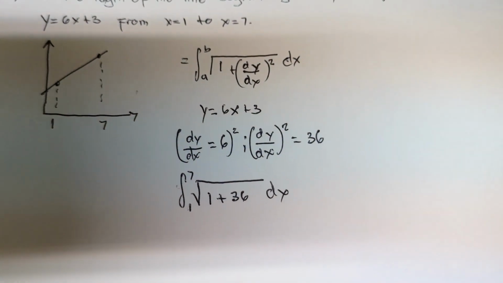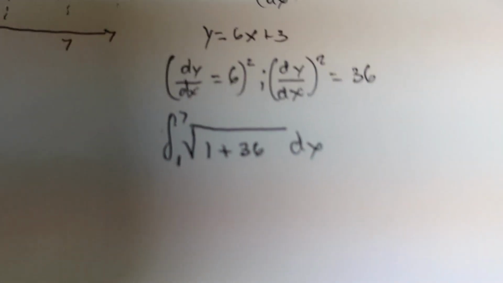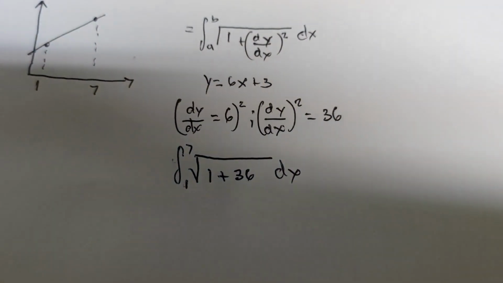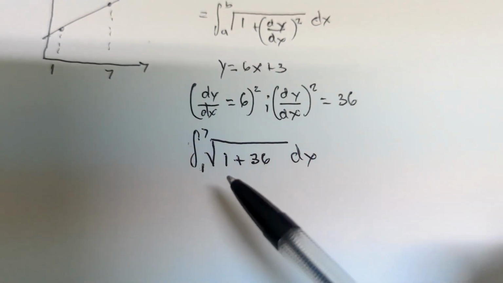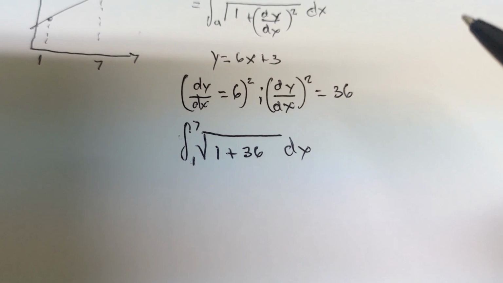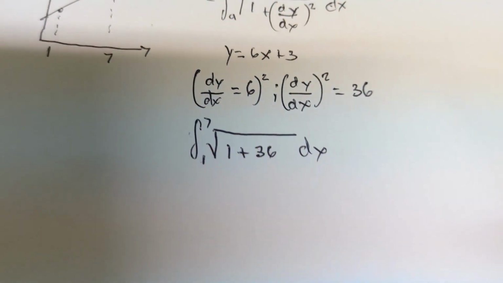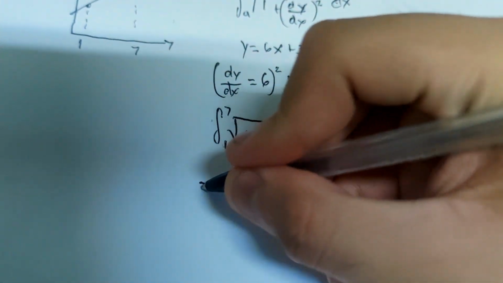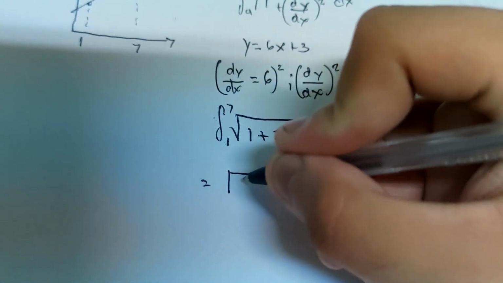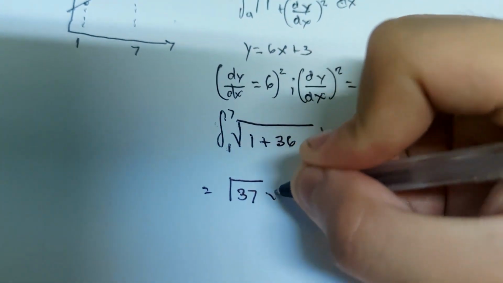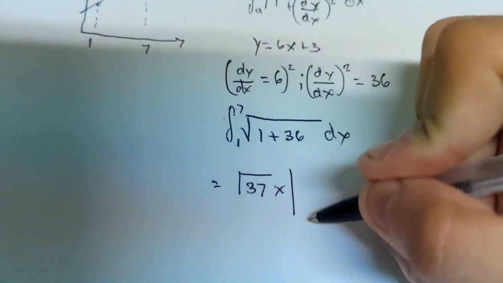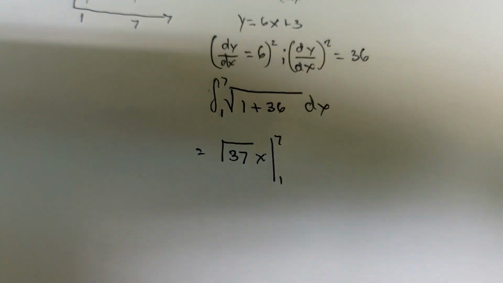When we integrate this, it becomes the square root of 37. So the integration of the square root of 37 dx will be equal to the square root of 37 x with the limits of 1 to 7.